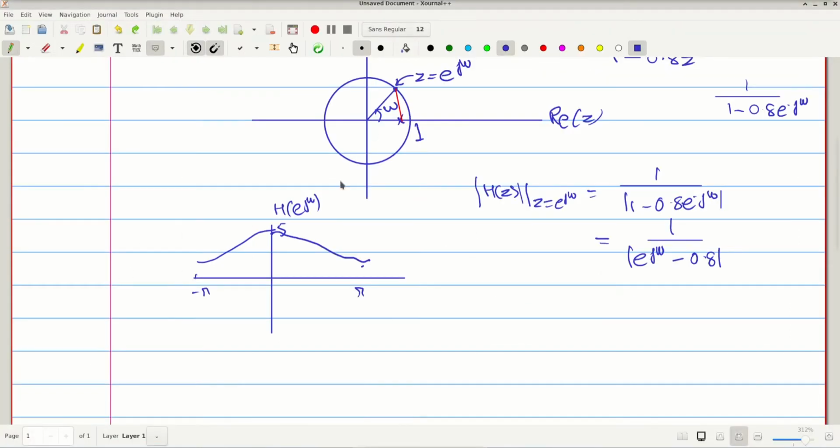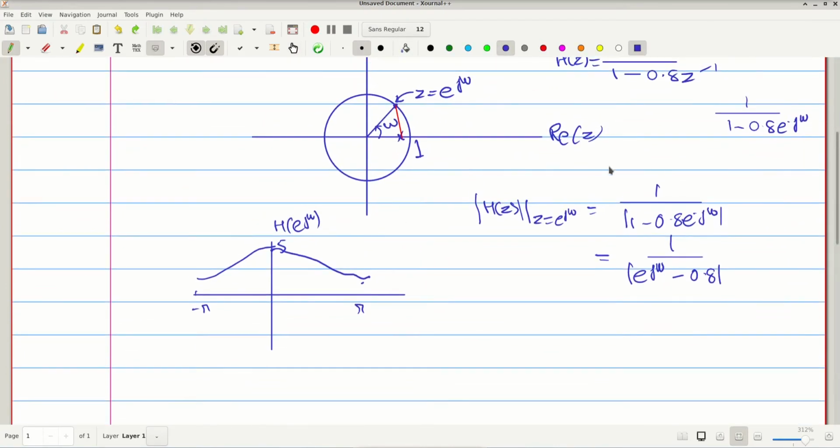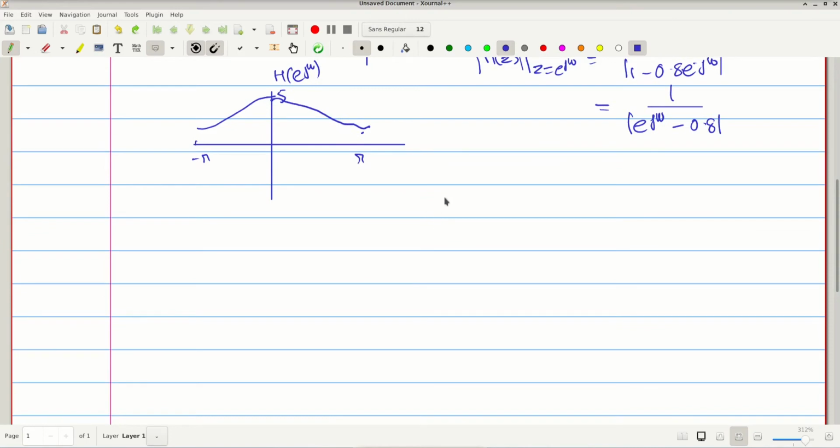Similarly, we can also have a look at the phase response. Now, what is the phase response? Again, if you look at the angle of H of e power j omega, that is going to be, if you look at the denominator, we are just going to take the negative of the angle of e power j omega minus 0.8.